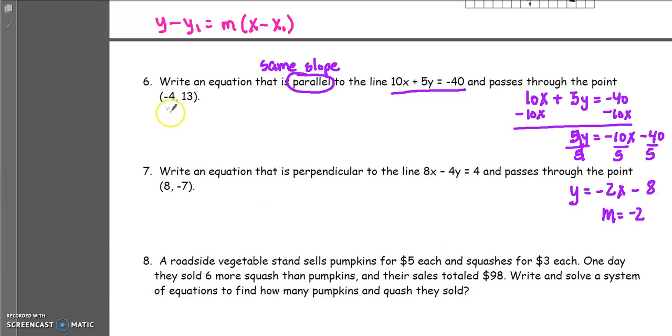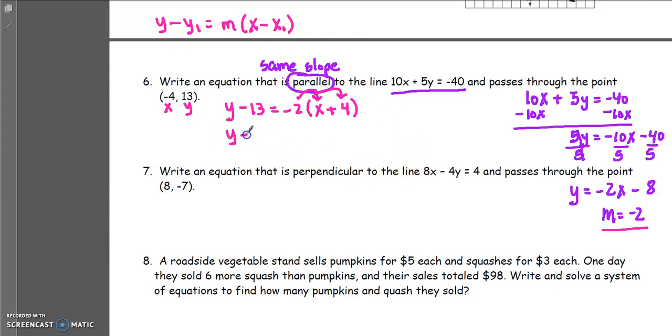And so we can just plug everything in. This is my x and this is my y. So that means I will have y minus 13 equals my slope. We're going to use the same slope, so that's going to be -2 times x minus a -4. So that means I'm actually going to be adding 4. And all we have to do is simplify this a little bit, meaning get rid of my parentheses and get the y by itself.